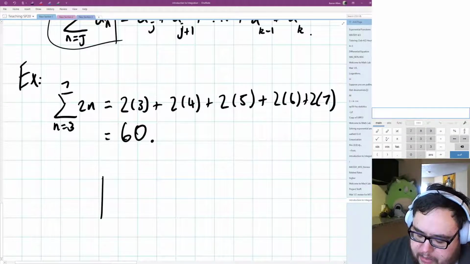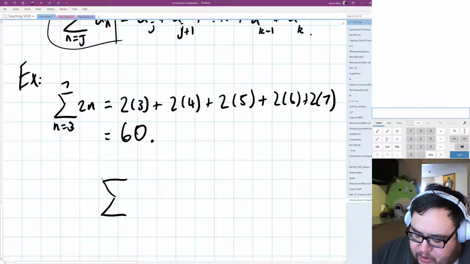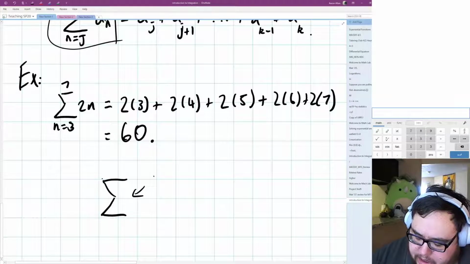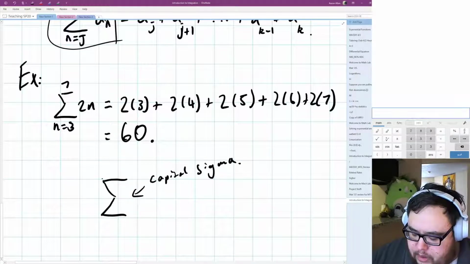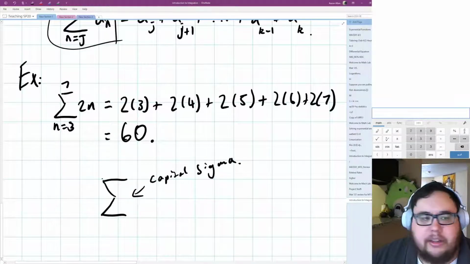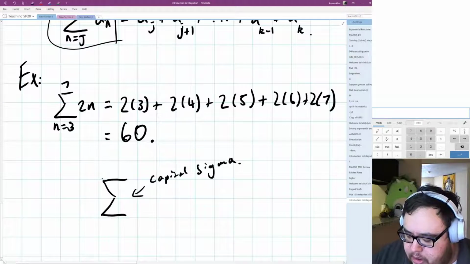When we're talking about this sigma notation, we call it sigma notation because this letter here, this big weird E thing, is the Greek letter capital sigma. Sometimes it's called the summand, S-U-M-M-A-N-D.